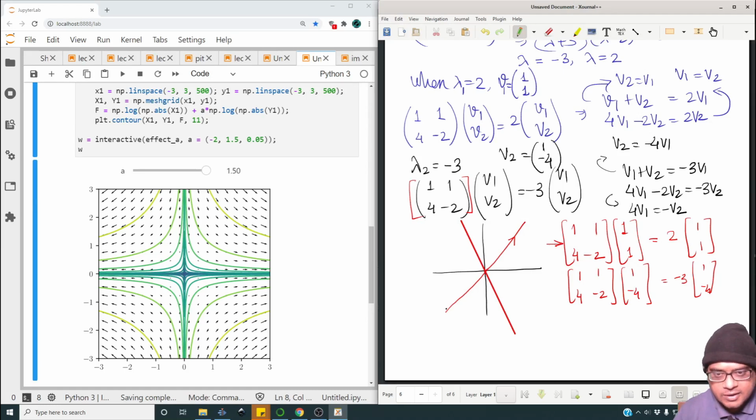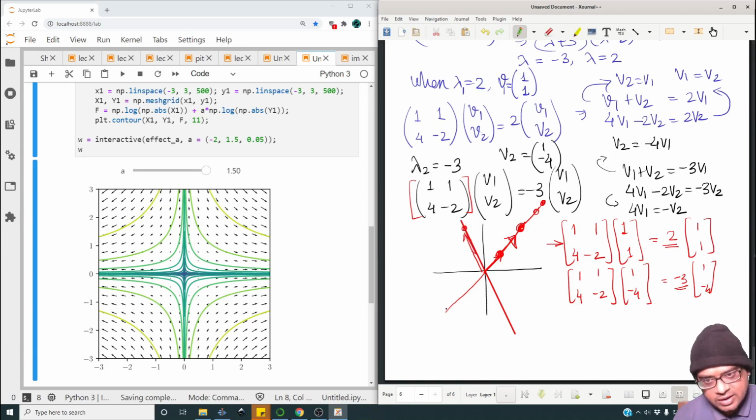So if I have a vector like this, then it will be twice that vector because of that mapping. It means that if I have an initial point on this line, that point will move somewhere over here at the end of the next time step, and somewhere further in the next time step like this. But this is minus 3, so if you have an initial vector like this, it will contract. It is shrinking rather than expanding because the eigenvalue was negative.